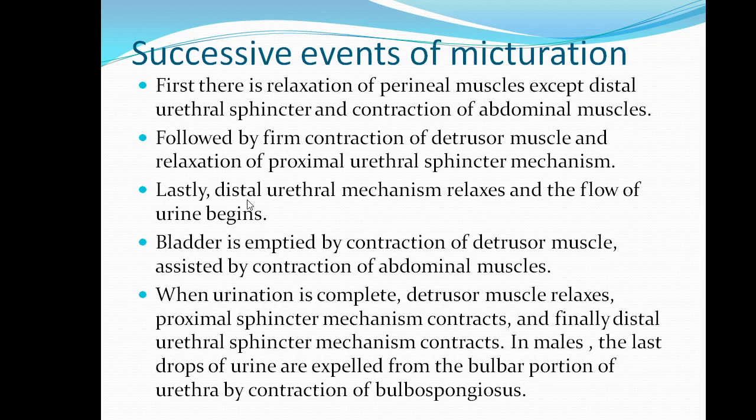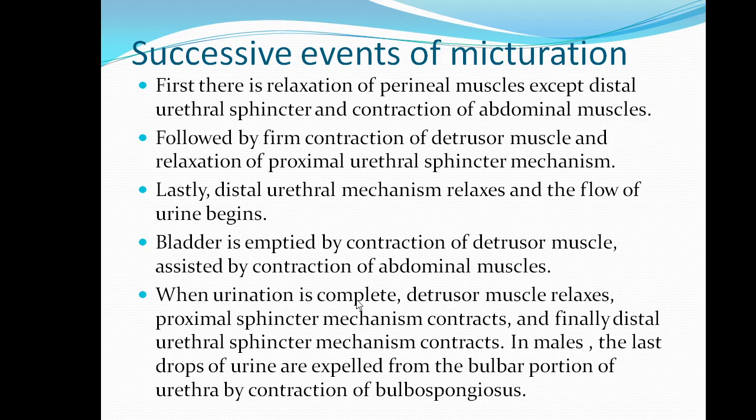And lastly, the distal urethral mechanism relaxes and the flow of the urine begins. The bladder is emptied by contraction of the detrusor muscle, and this is assisted by contraction of the abdominal muscles.